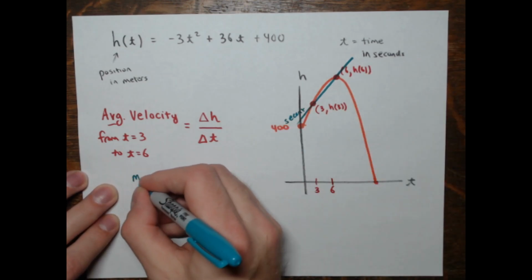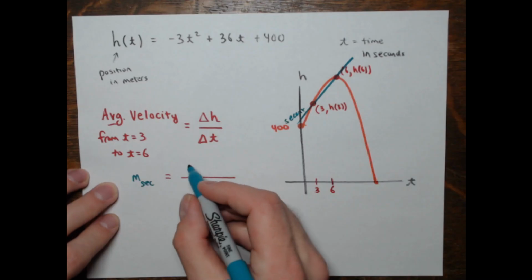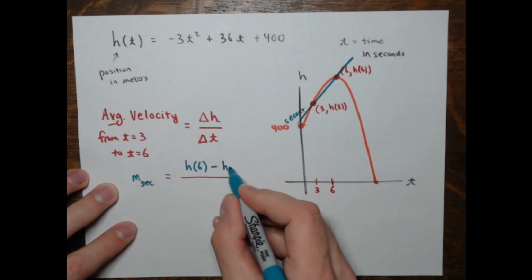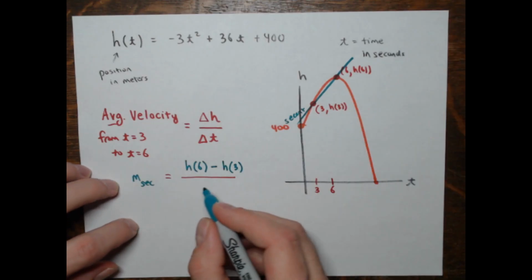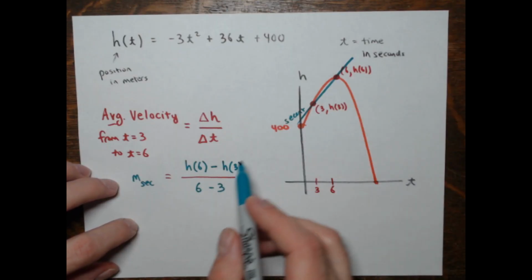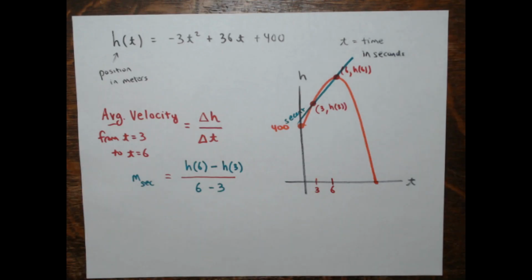So it's the value of h at 6 minus the value of h at 3, divided by 6 minus 3, the change in height divided by the change in time.